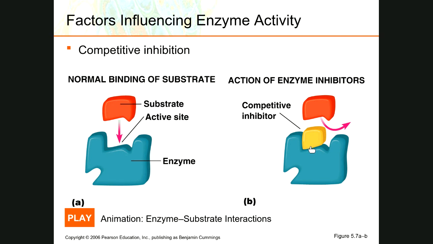If the inhibitor is in the active site, the actual substrate cannot bind. So this enzyme has been blocked. You can use a substance that resembles the actual substrate, and that substance will bind to the active site and block the actual substrate.